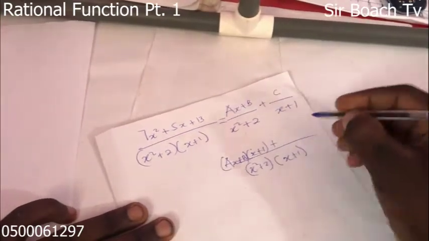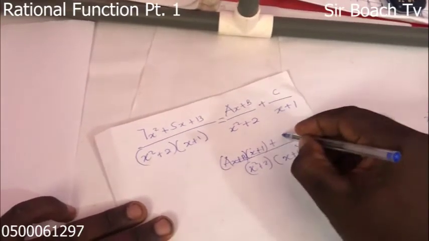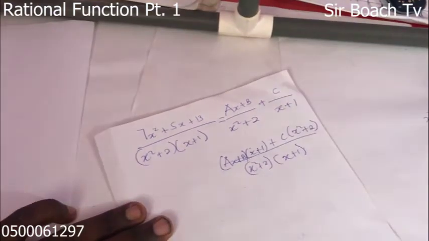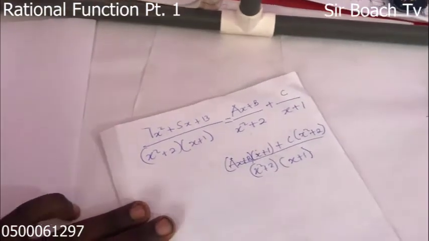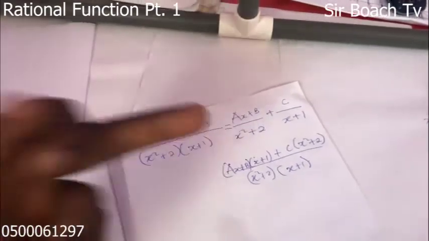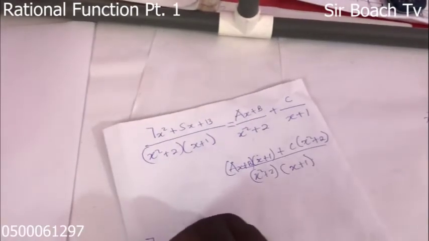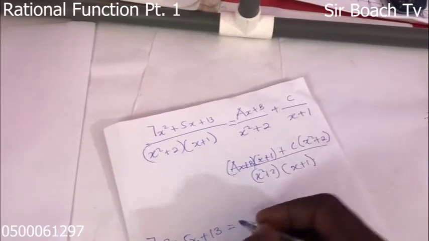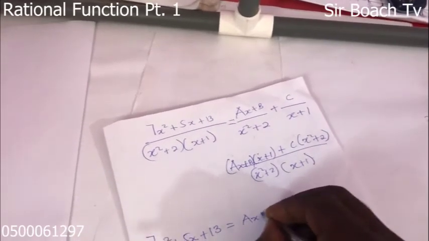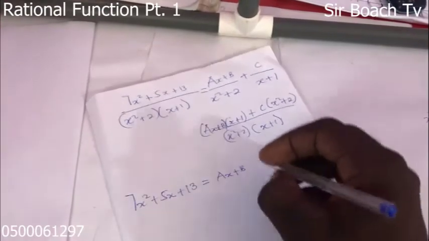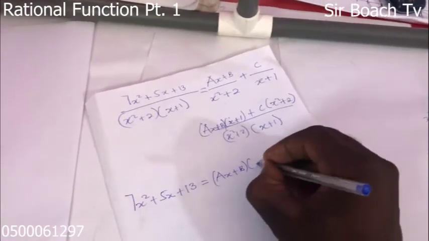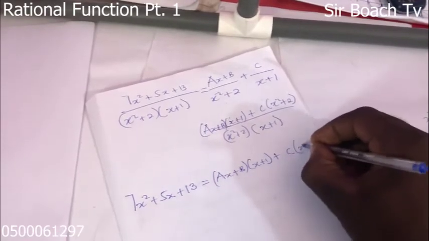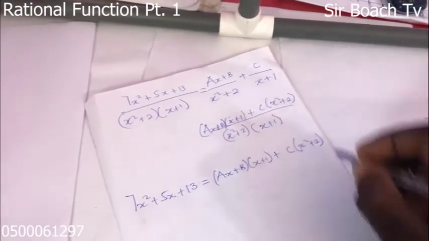Then plus, we're going to get c bracket s squared plus 2, like that. So now what do we do from here? We just have to equate this one to the new one. So we're going to get 7x squared plus 5x plus 13 being equal to ax plus b in a bracket, x plus 1 in another bracket, plus c, then s squared plus 2, like that.